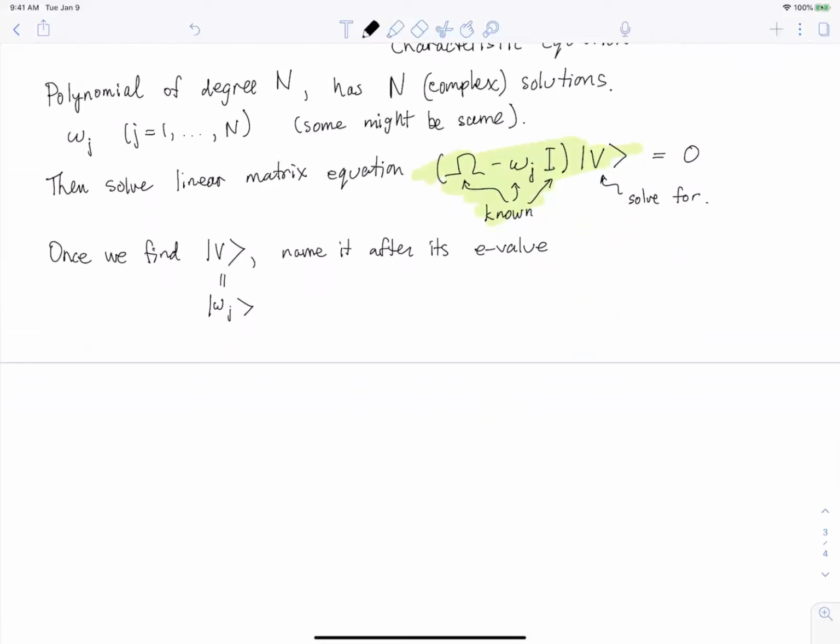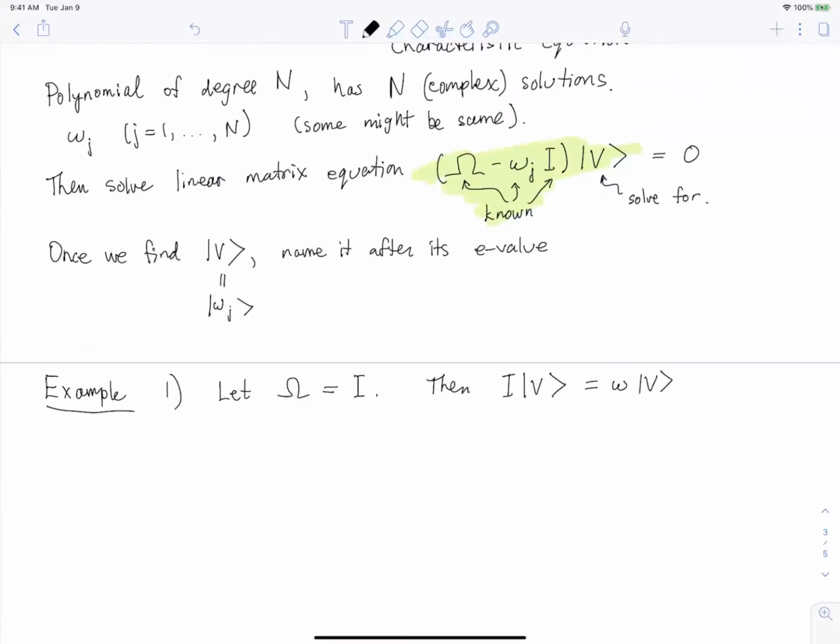All right, so let's do some examples, and we'll start with super easy and then do a little harder one. Okay, so a good example is let's let the operator omega be the identity. That should be easy. Then the equation I'm trying to solve is the identity operator acting on my eigenvector v is equal to my eigenvalue times v.